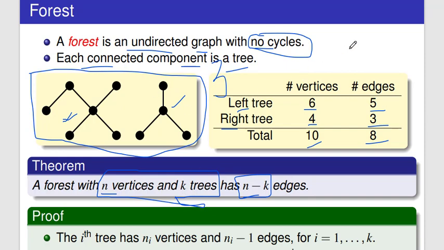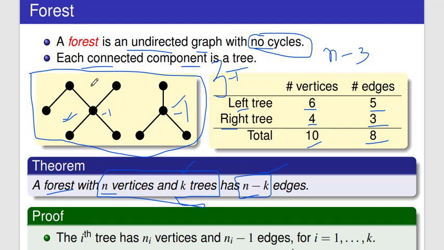If we calculate the number of vertices and the number of edges, we have n vertices. For the edges, we have to subtract 1 for each tree, so if there are 3 trees we subtract 3. Each tree has one fewer edge than vertices. So with k trees, there are n minus k edges in the forest. Okay, that is what we have talked about for forests.